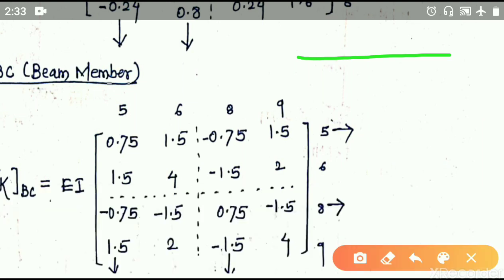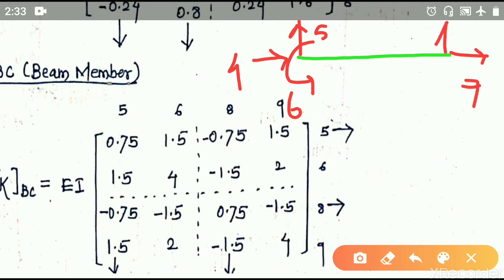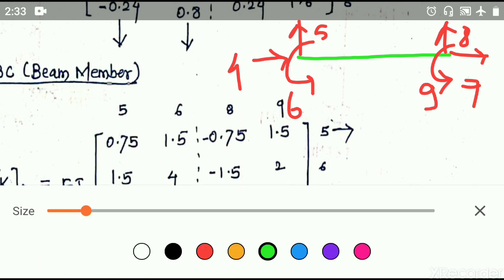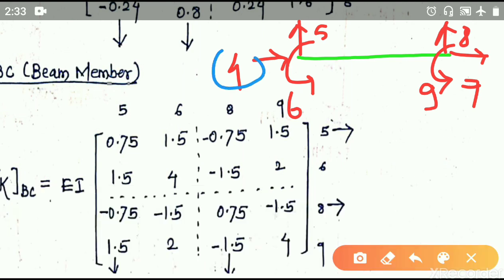At B point, degrees of freedom are 1, 2, 3 at A, here at B 4, 5, 6, and at C 7, 8 and 9. Here the axial displacement for beam is 4 and 7.